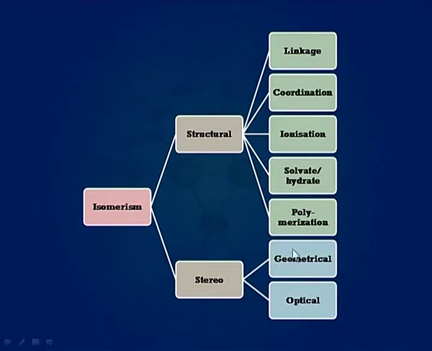Here you can see isomerism can be subdivided in two parts: structural isomerism and stereoisomerism. Different types of structural isomerism we have discussed in last lecture. Today we will be discussing a type of stereoisomerism, that is geometrical isomerism.